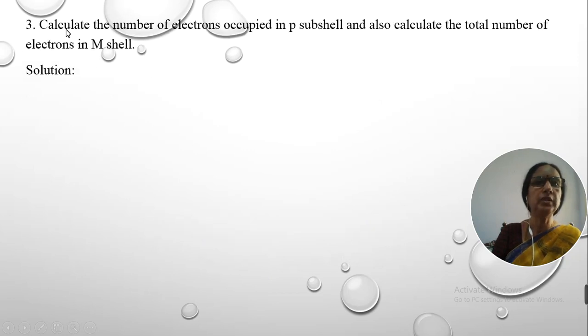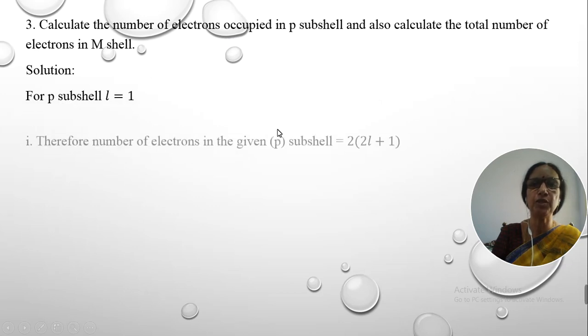Now the last problem of this session: calculate the number of electrons occupied in the p subshell and also calculate the total number of electrons in the M shell. Okay, so the maximum number of electrons occupied in a subshell is given by the formula 2 into 2l plus 1.